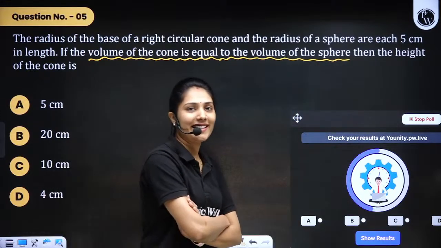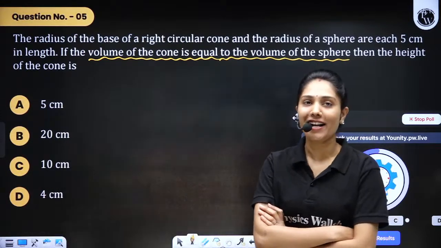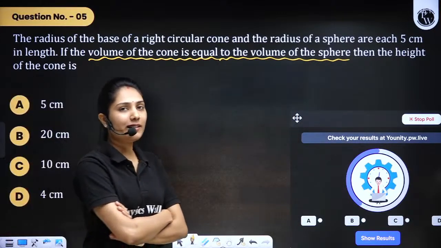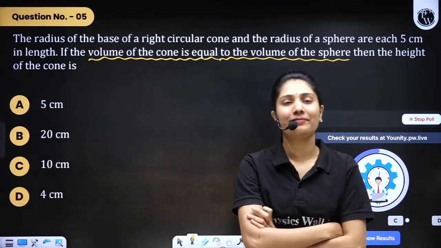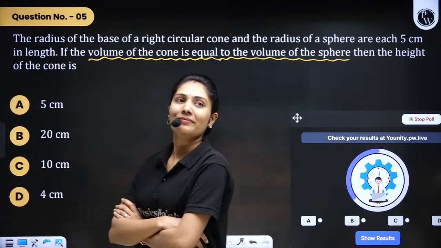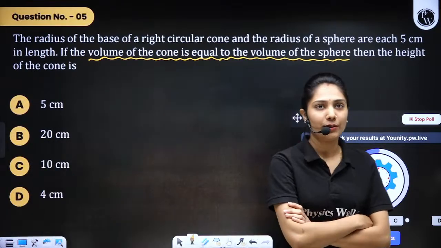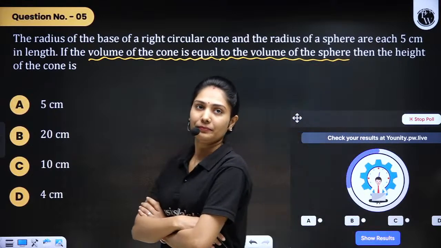Good, beta. Yes. 1 by 3 pi r square h. And volume of sphere is? You have enough time to calculate. Okay, just calculate it properly.